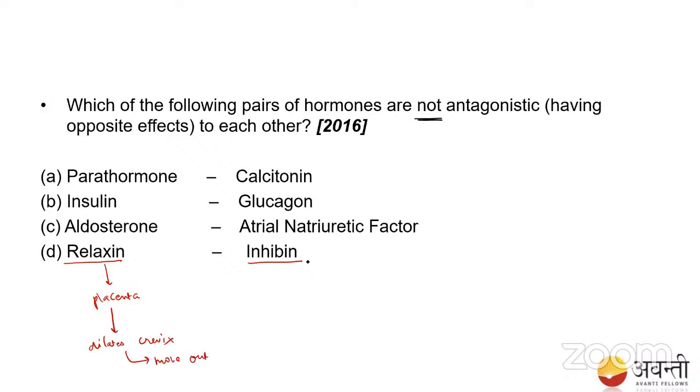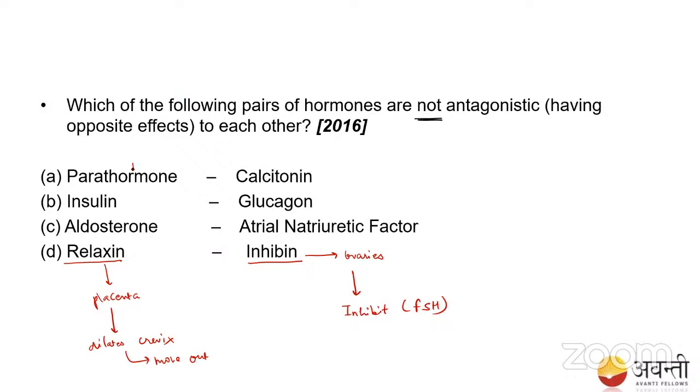It helps in childbirth. Inhibin is a hormone secreted by the ovaries, and its function is to inhibit FSH, which is your follicle stimulating hormone. So their functions are not antagonistic. They do not have an opposite effect.